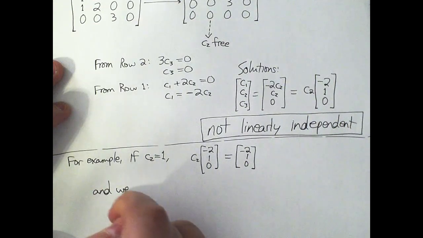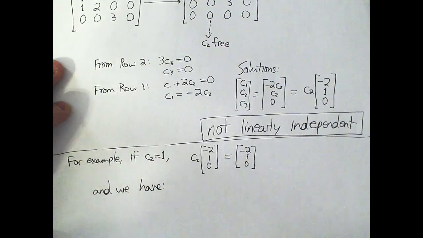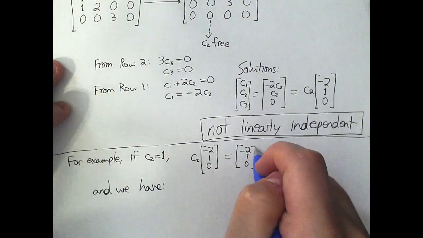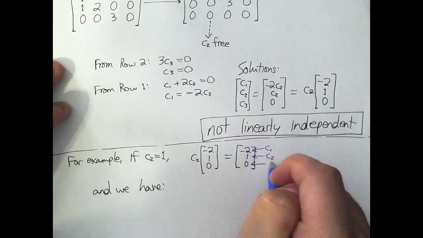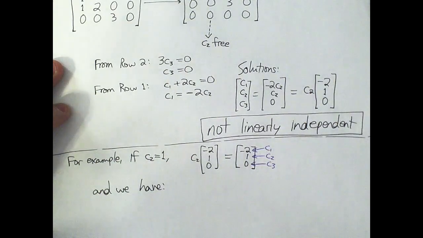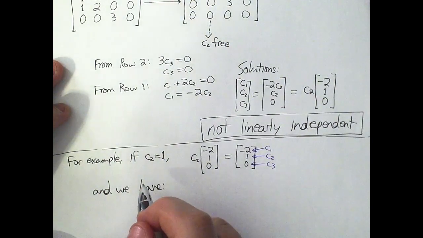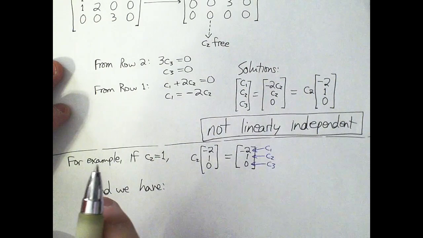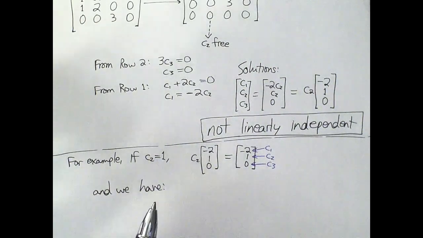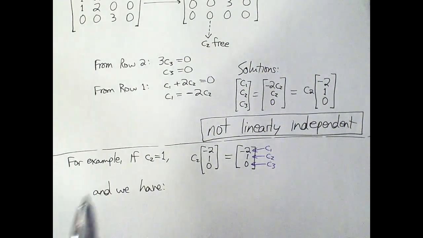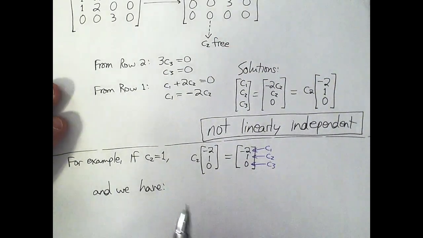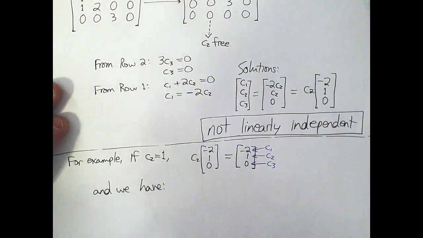And let's remember what this represents: C1, C2, C3. Remember at the beginning of this video, we said whether it's linearly independent or not depends on whether you can do C1 V1 plus C2 V2 plus C3 V3, etc., all the way up to the end, and it equals the 0 vector.